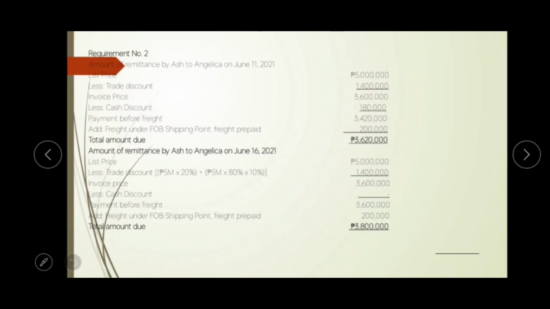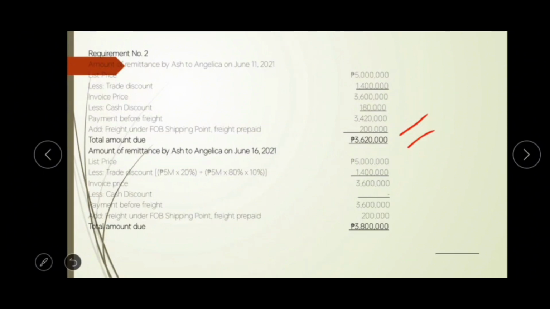Then, payment before freight is 3,420,000. And add, since it is FOB shipping point and freight prepaid, the 200,000 delivery cost. So you add it, then you come up with a total amount due of 3,620,000.